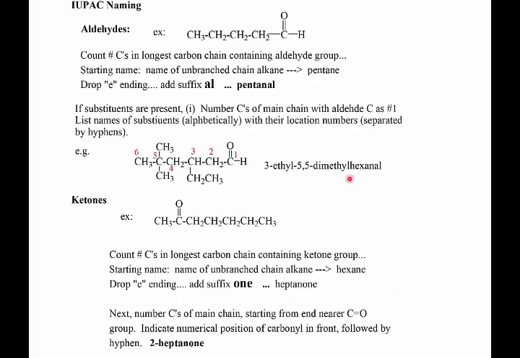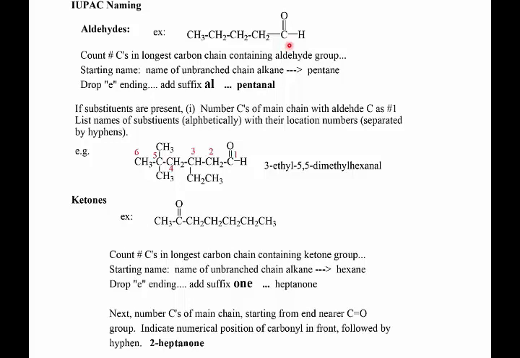All right, naming aldehydes and ketones by the IUPAC rules. Let's first look at aldehydes. What you do is count the number of carbons in the longest unbranched chain that contains the carbonyl group.